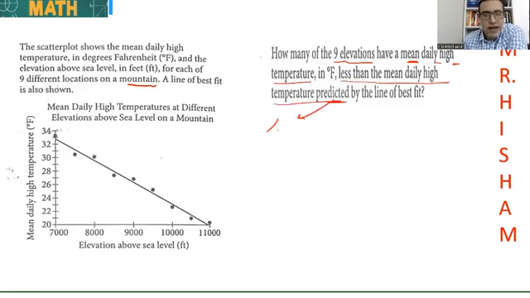It means the line of best fit. So I want the points that are below the line of best fit, because the actual value is less than the mean daily high predicted by the line. The value predicted by the line is greater than this one. So I have 4 values.